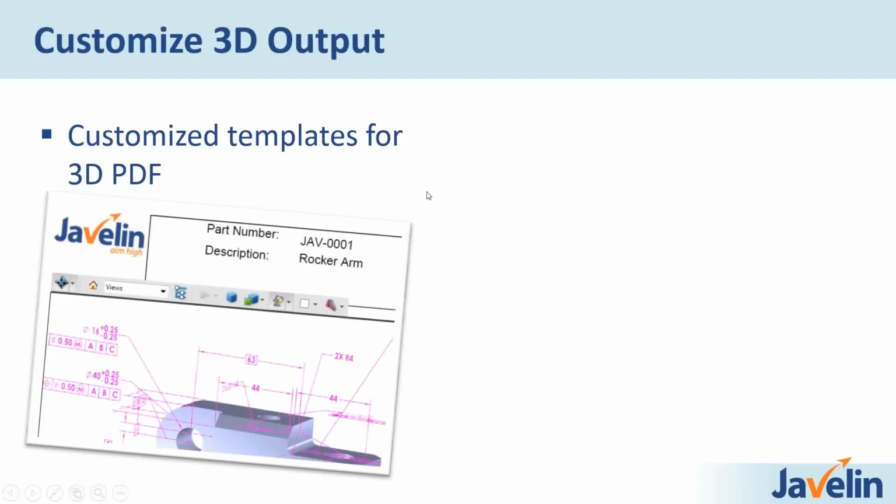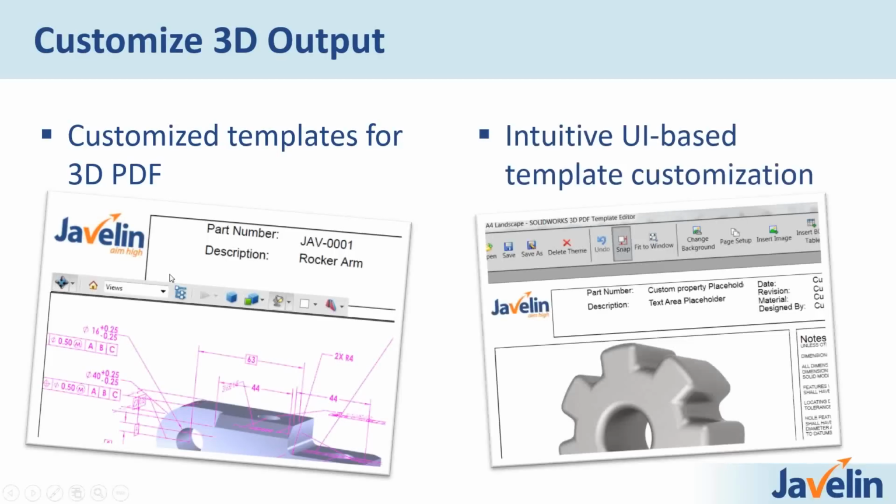And then today in the session, we're going to get into the templates and how those look and how the templates can be customized for the 3D PDF. So you can see the Javelin logo in there. You can put any amount of information that you want inside of the templates, and those can be customized. There's a very nice intuitive UI for your template customization.